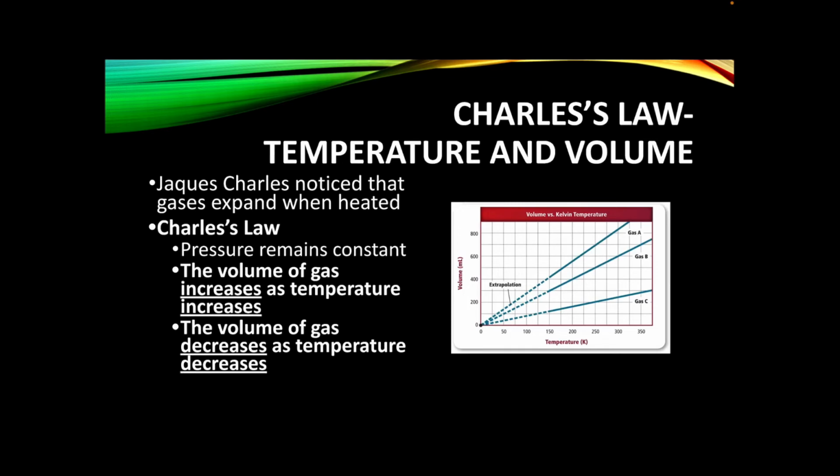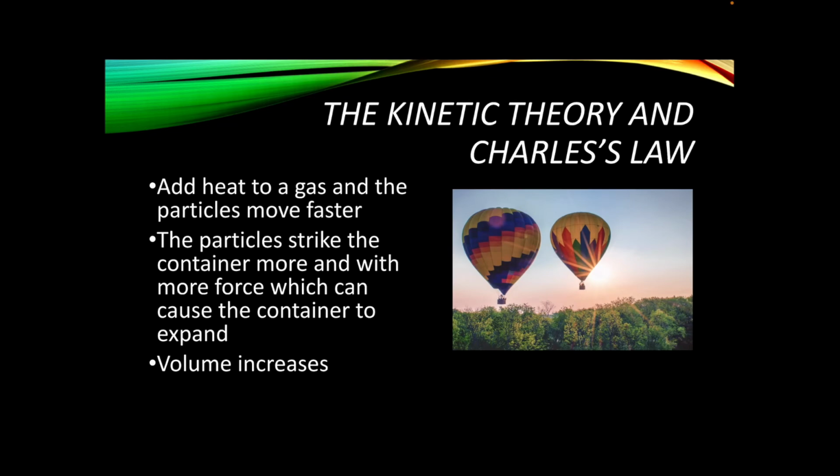So if you increase the temperature, the hotter it gets, the more volume of gas you're going to have as long as the pressure stays the same. And the opposite is true as well. If you decrease temperature, you're going to get a decrease in volume as long as the pressure stays the same. And that's what you're going to see in the graph shown here.